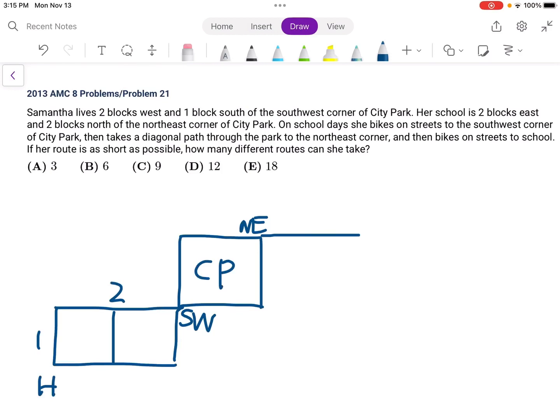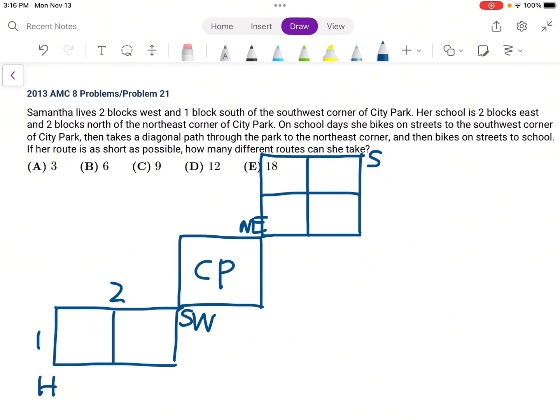So that's 2 blocks to east and 2 blocks to north. And here it is, her school. So how many ways are there for her to get from her home to her school?